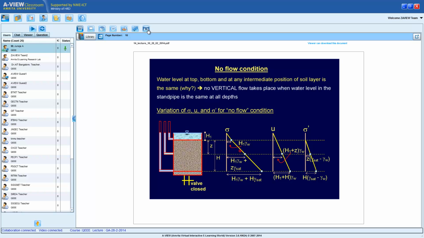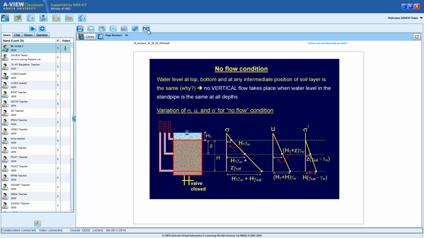So the effective stress is obviously this value minus this value. Both the values, if you will observe, are the same. So I get effective stress at the surface of the soil to be 0. We did a very similar problem, in which the water was shown to rise above the surface of the soil, wherein the effective stress is shown to be 0.